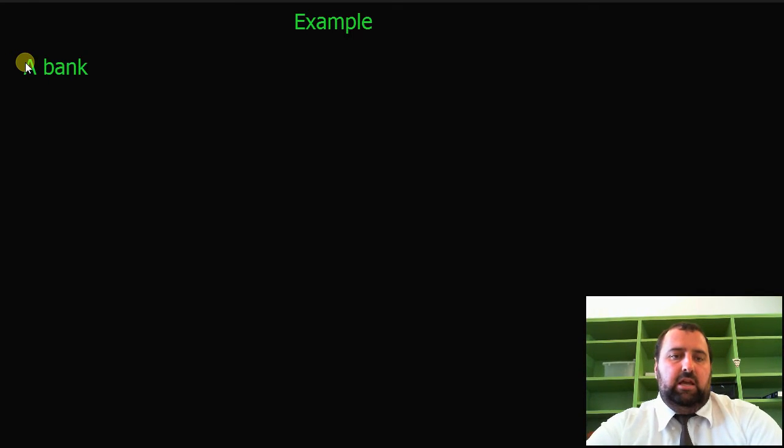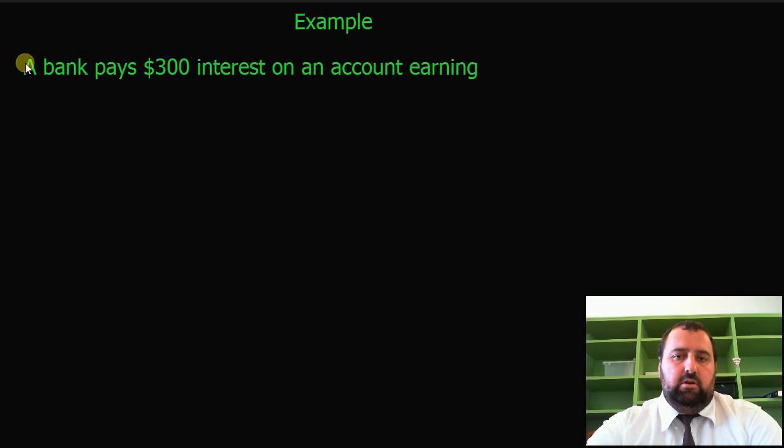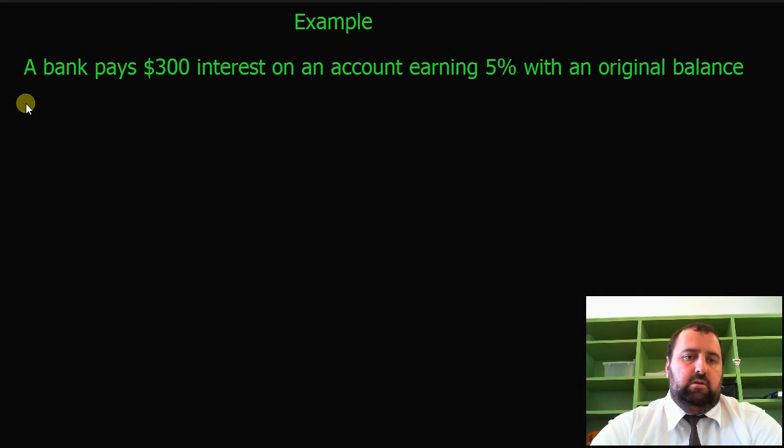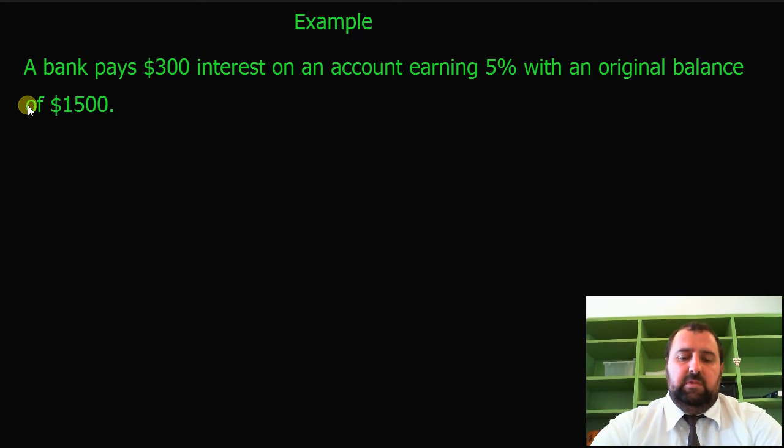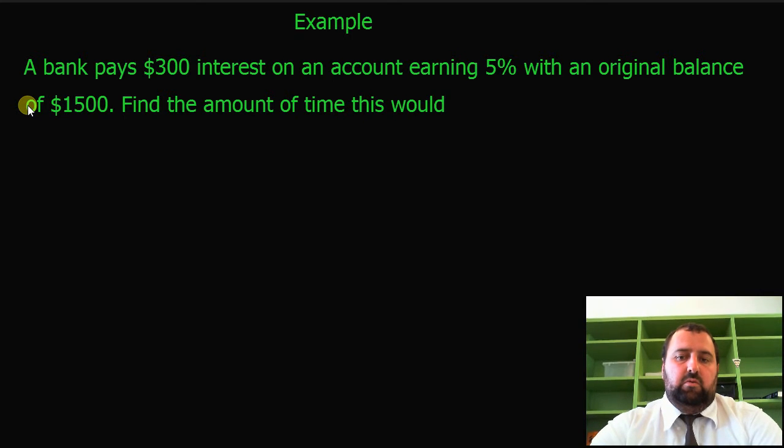So a bank pays $300 interest on an account earning 5% with an original balance of, let's say, $1,500. Find the amount of time this would have taken.